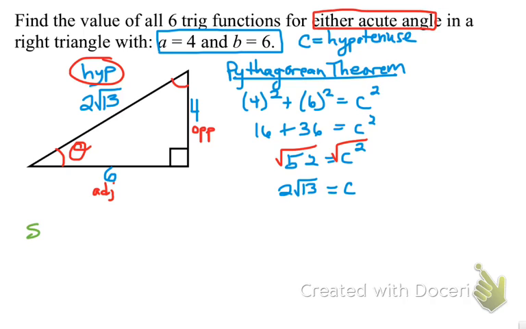Let's start with the sine of theta. The sine is the opposite 4 over the hypotenuse 2 root 13. We don't want a square root in the denominator, so we are going to rationalize that denominator, and we're going to end up with 2 root 13 over 13.